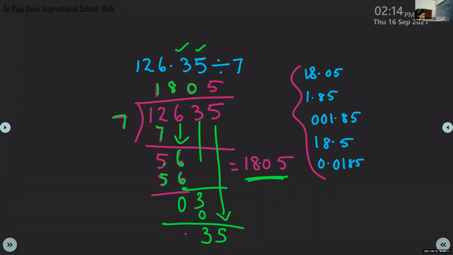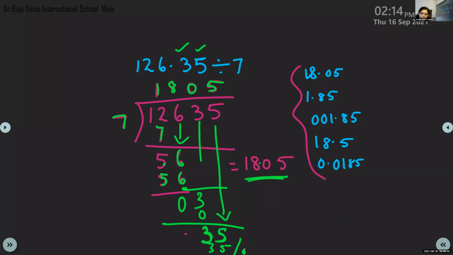Because this 3 which we brought down is not divisible by 7, put 0. Then 35, 7 fives are 35. Then subtract 0. If the division is wrong, your answer also will go wrong.